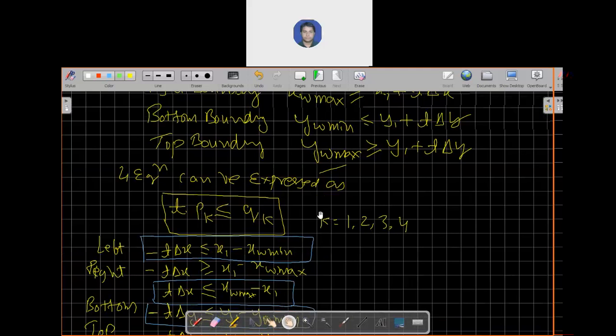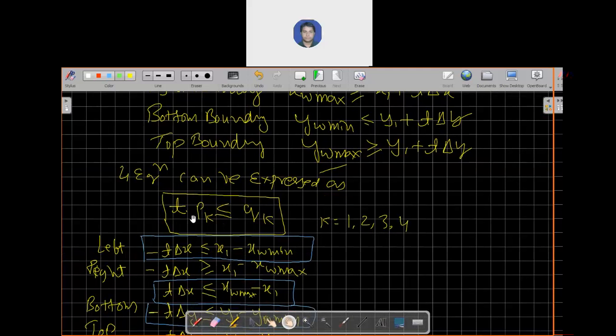This is the common form: t times pk less than or equal to qk, where k represents the left boundary, right boundary, top boundary, or bottom boundary. So the corresponding values of k are 1, 2, 3, 4.